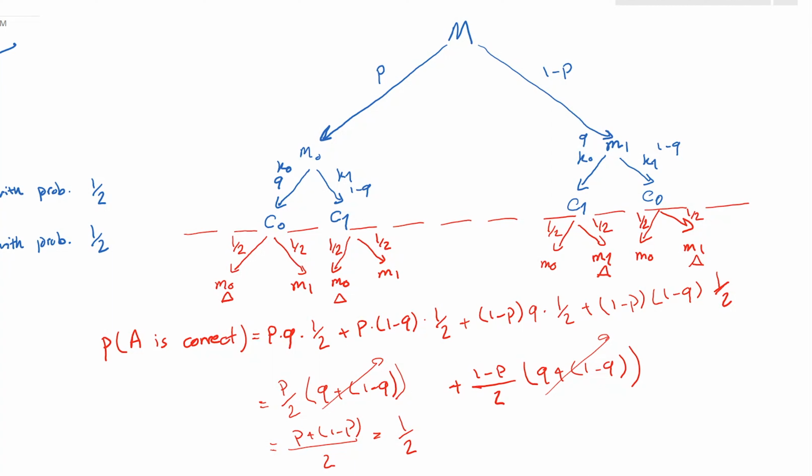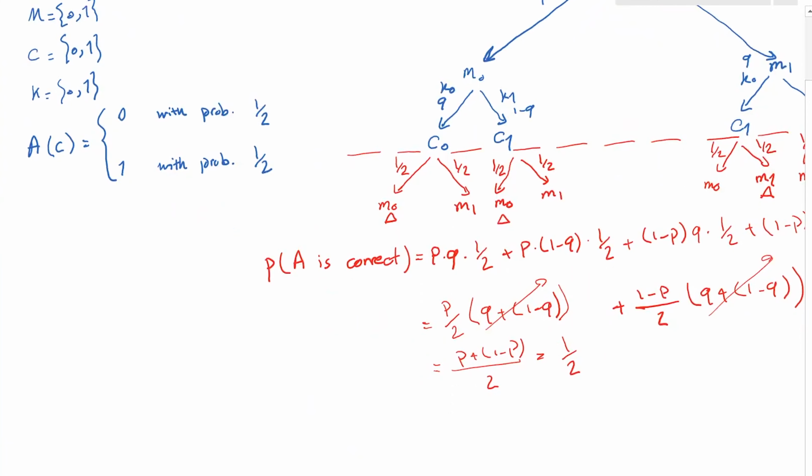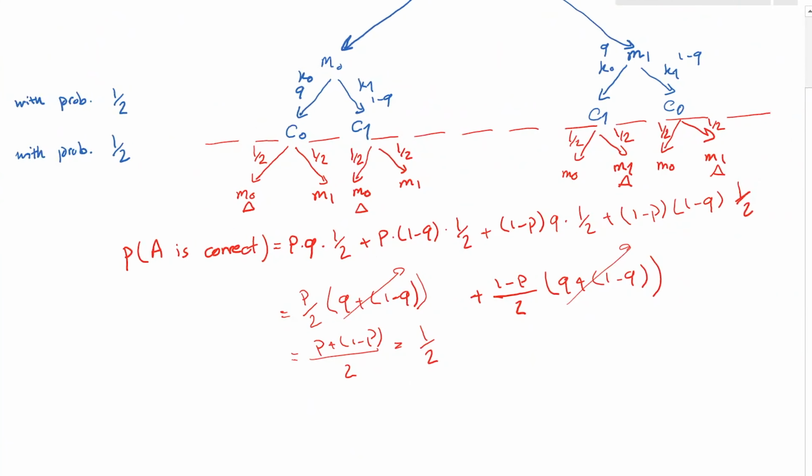And keep in mind that when we carry out this computation, you can see that we are trying to be generic. So no matter what actual value you assign to this P or what actual value you assign to this Q, an attacker that would randomly guess would not change his probability of being correct, no matter what values you assign over here.